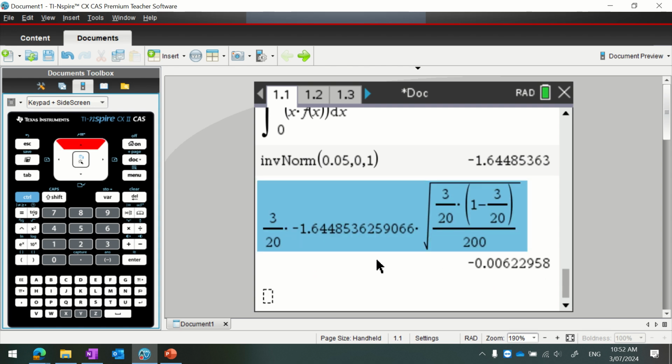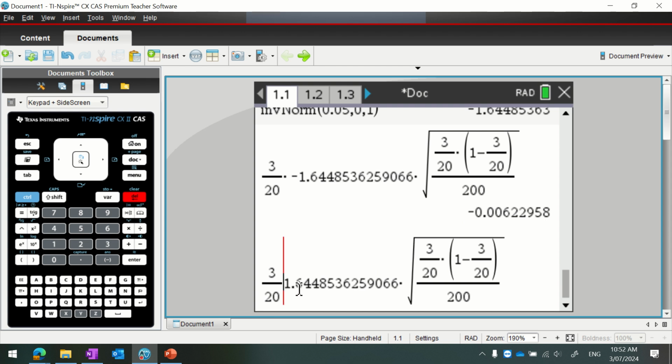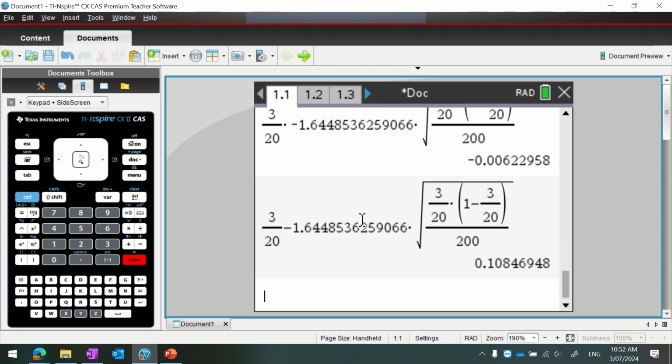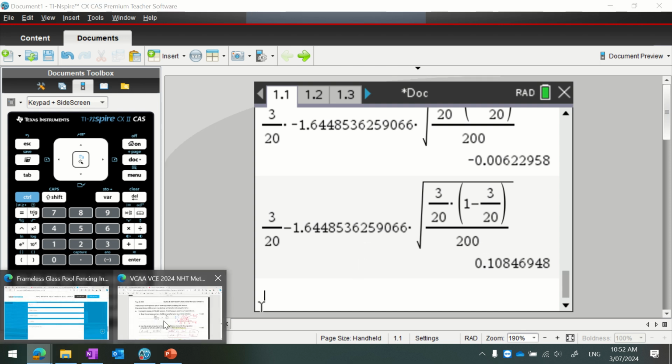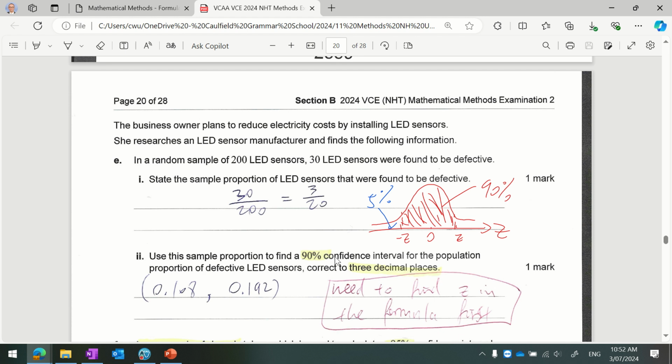Oh, wait, hang on. No, that's not it. Sorry, I didn't put this in properly. That's what I need to put in. Not a multiply, but a minus. And that's the answer, 0.108, because the question says correct to three decimal places.